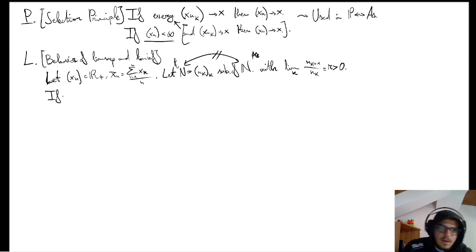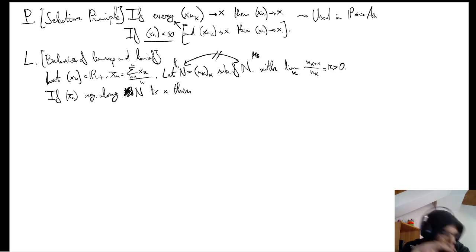Now, if the sequence xn bar converges along n_k, and it's not along the set of natural numbers but just capital N, to x, then we have this thing here: x over r is bounded above by the lim inf of xn bar, which is in turn bounded above by r times x.